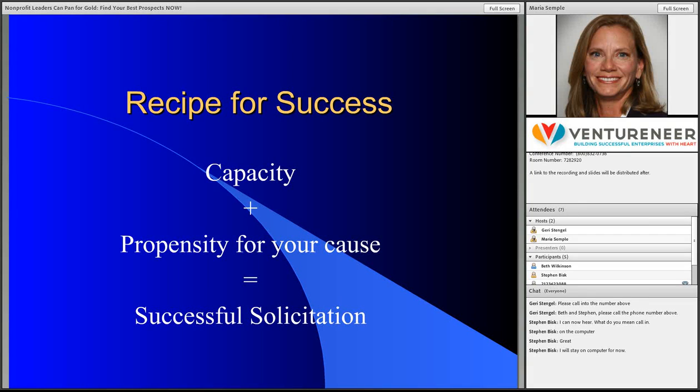When we're talking about increasing our major gifts from individuals, we're talking about creating a culture that is going to set us up for success. We're looking at somebody's capacity to donate to our organization, but it's also really important to know: do they like to give to your type of cause? So we're looking for those general indicators overall in our prospect research, because we want to have a successful solicitation and more meaningful contributions for your organization.